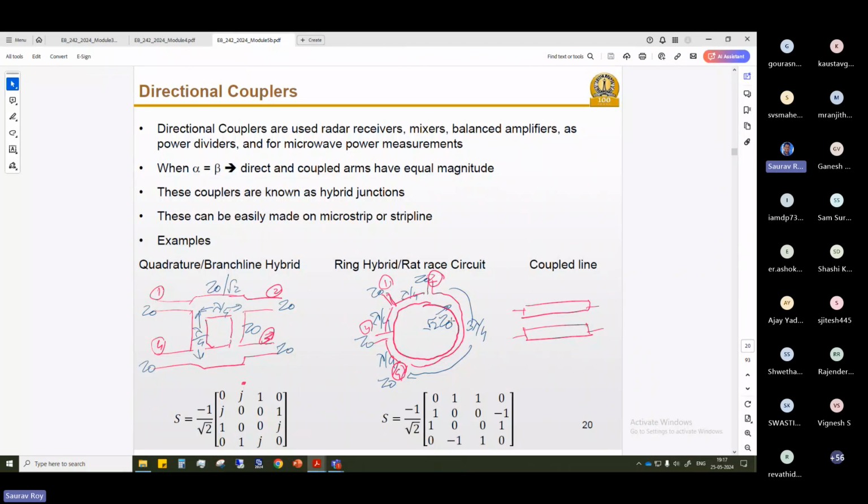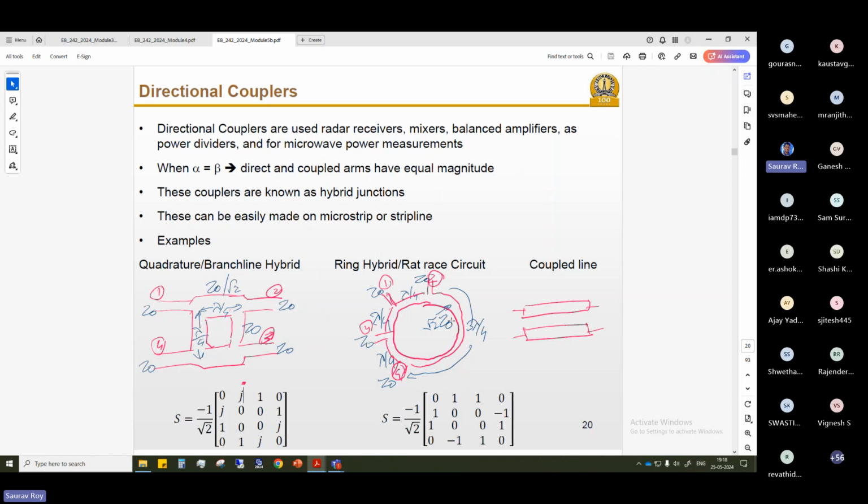If you see lambda by 4 in a transmission line, it actually gives you a 180-degree phase shift. So 180-degree phase shift means at some port you will have additive interference, and at some port you will have completely destructive interference. So somewhere it will get added up and somewhere it becomes 0 because of the 180-degree phase shift.